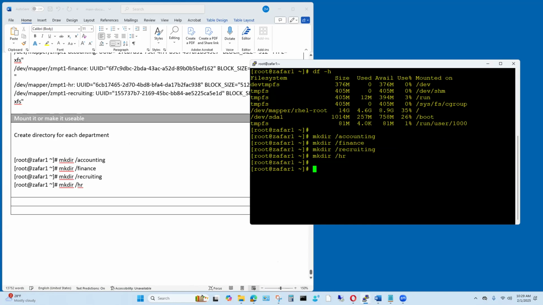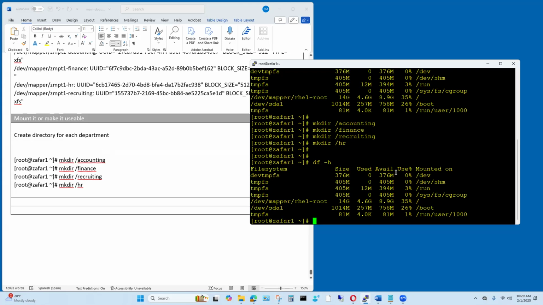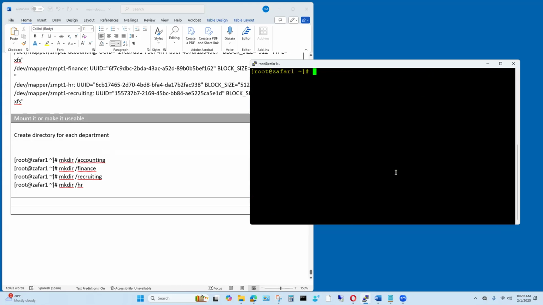Now we're gonna mount this. So if you do df -h, it's still not usable. So how are we gonna mount this?